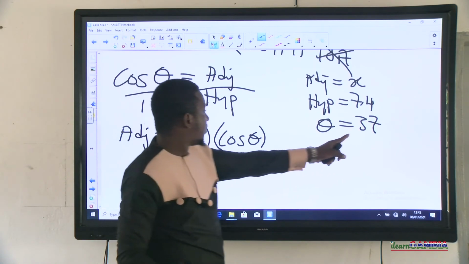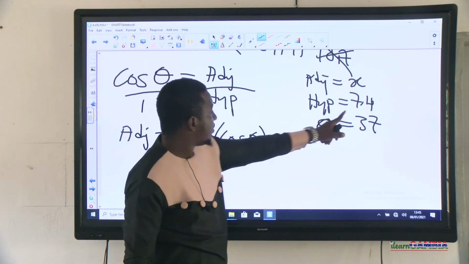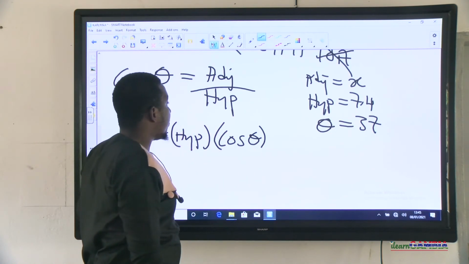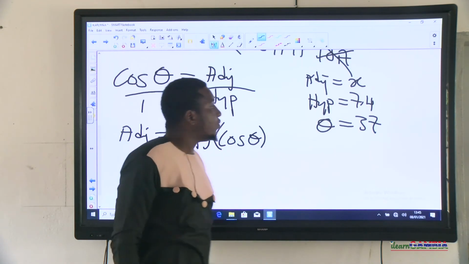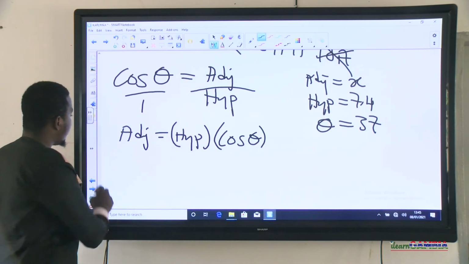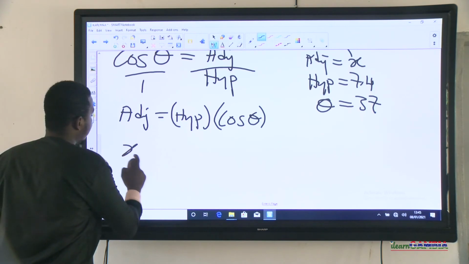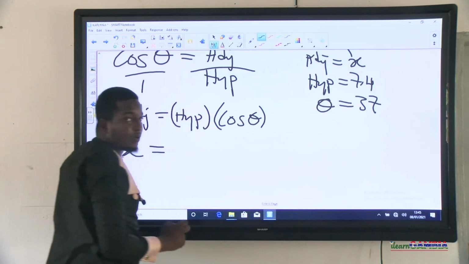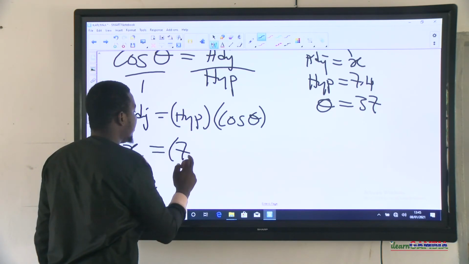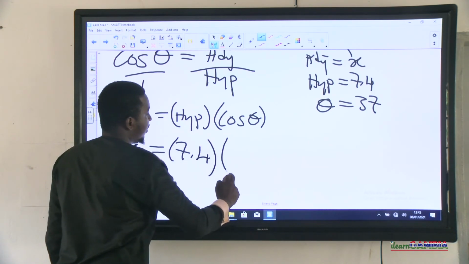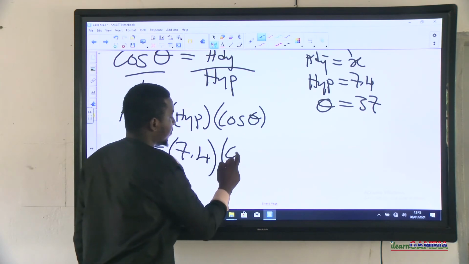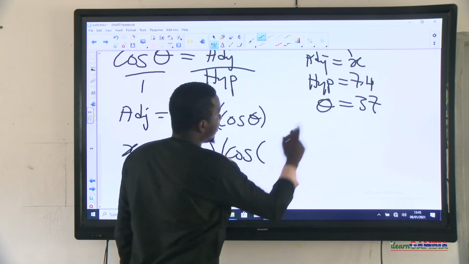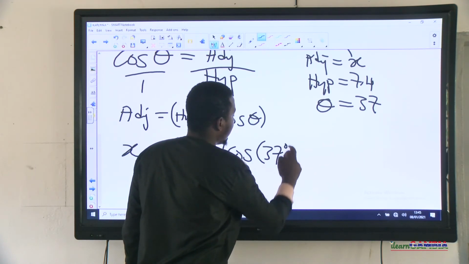Remember we said theta is equal to 37, the hypotenuse is equal to 7.4, and we are asked to find the adjacent, which is equal to x. So now we are going to have the adjacent, which is x, is equal to 7.4 multiplied by cos of 37 degrees.